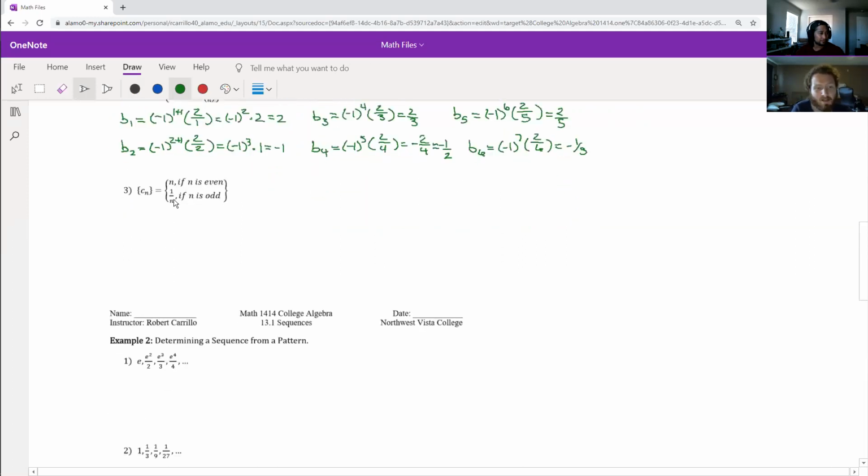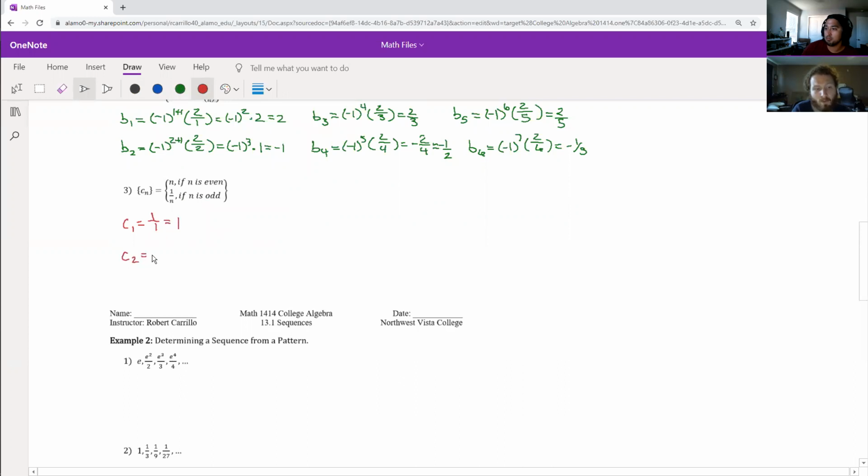Now this is kind of neat where we have a multi-part definition, sort of like a piecewise function we saw earlier in the semester, right? So C sub 1 will be equal to, we have to take 1 is an odd number, so we have to take the part of the definition that lets us deal with odd numbers. So this will be 1 over 1, which is just 1.